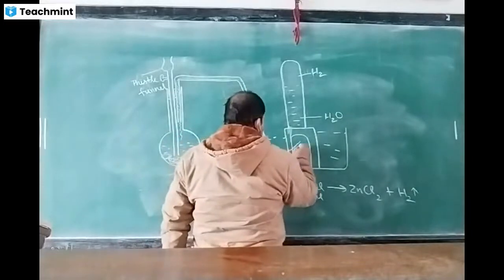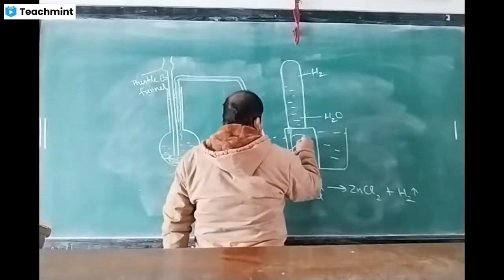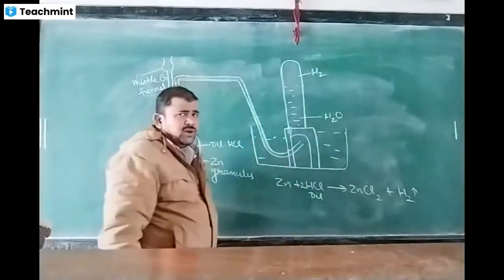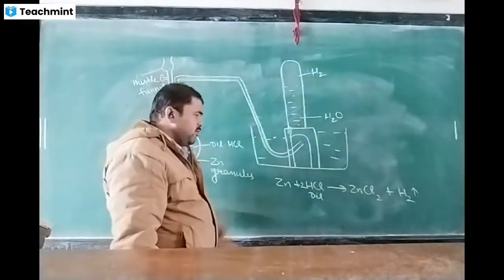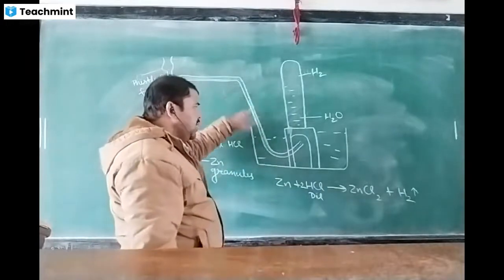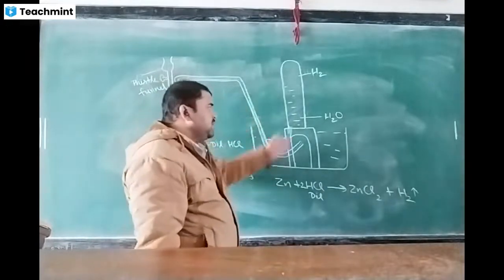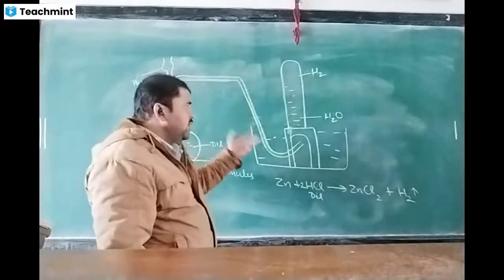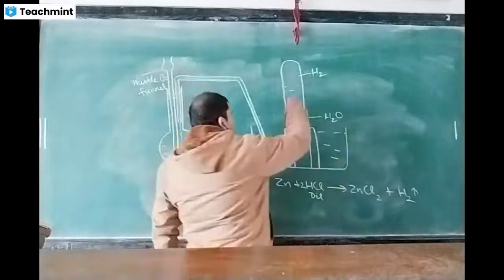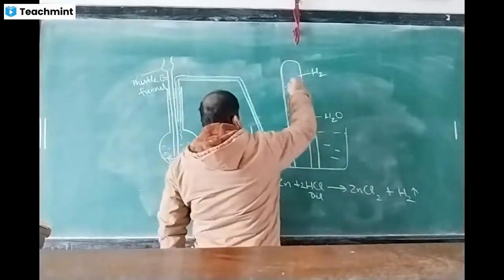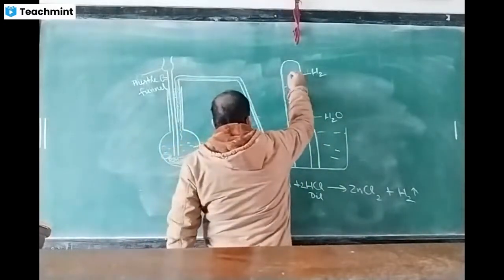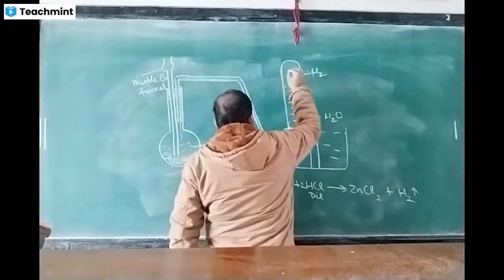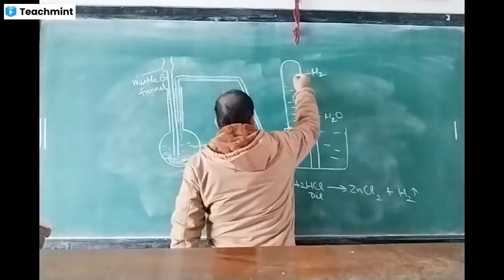The hydrogen gas will pass by the downward displacement of water, meaning from the downward direction. Here one inverted tube is present, and in this inverted tube the upper part is empty. In this empty part the hydrogen gas is collected.